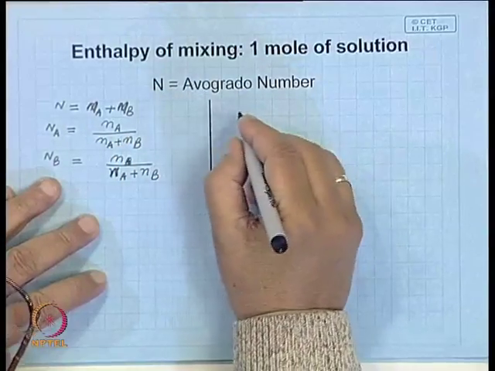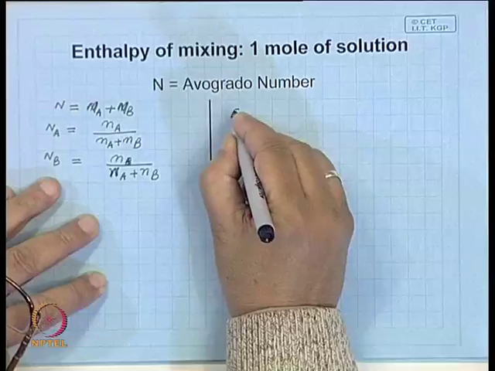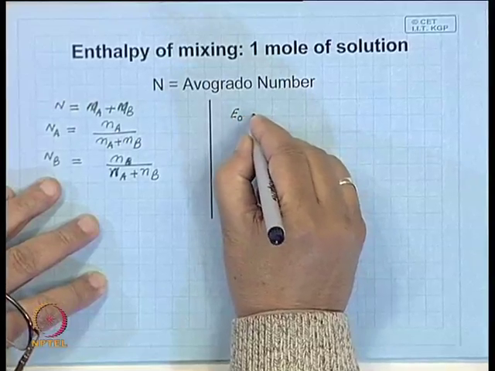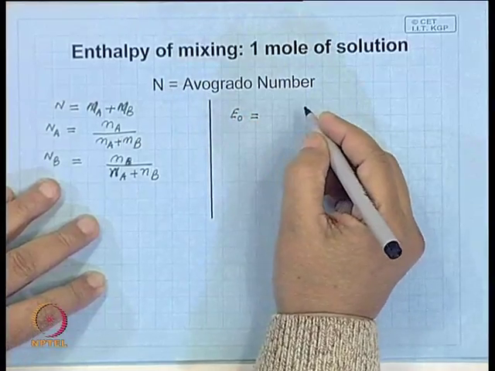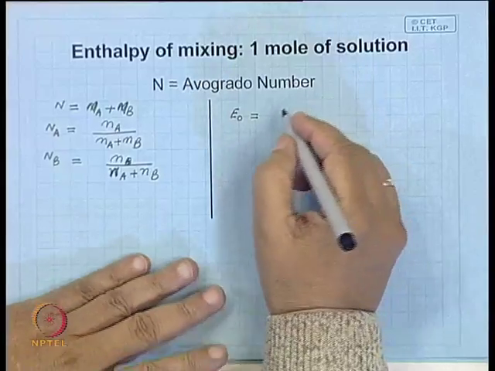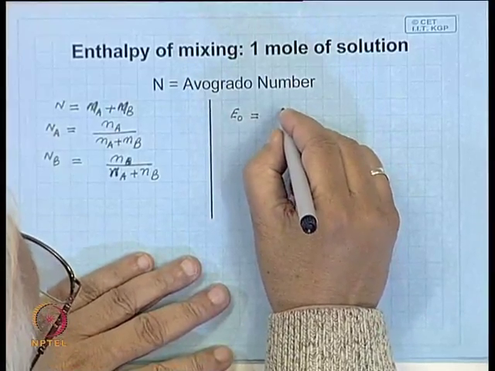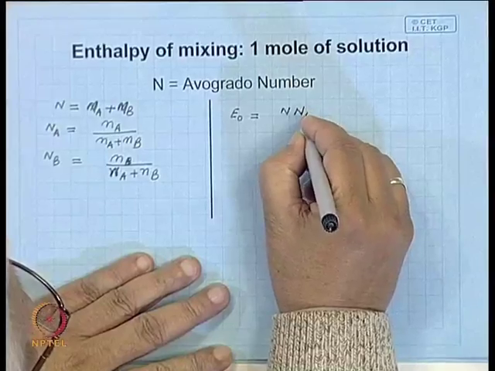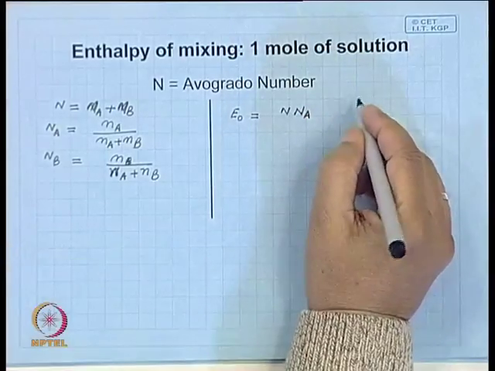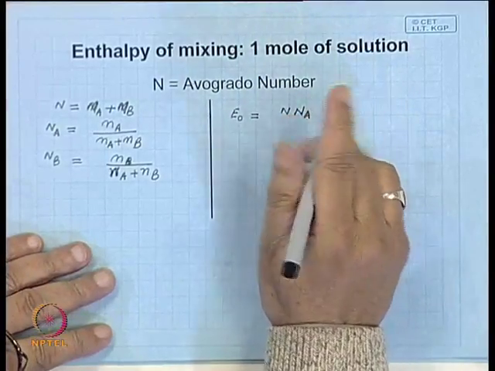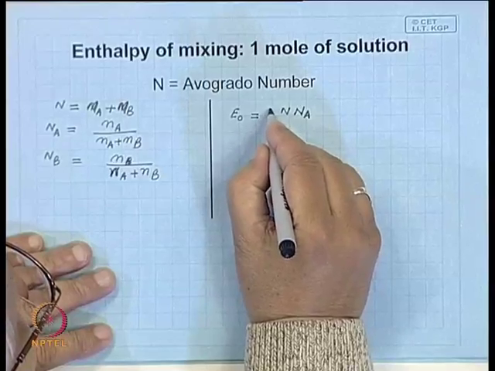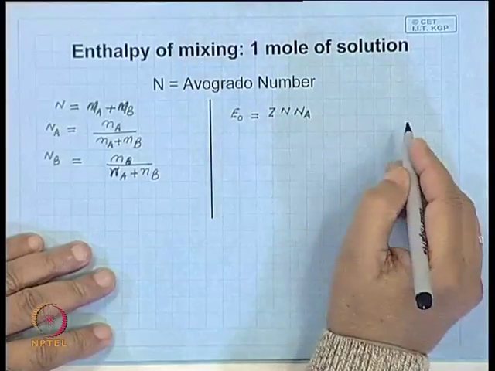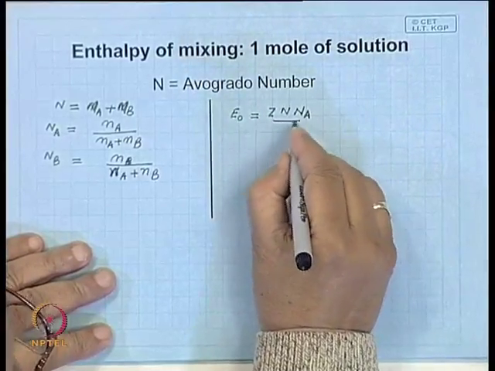When they are not mixed, before mixing there will be a total bond energy, which you can find out. If there is an Avogadro number of atoms, out of this you multiply the number of A atoms by the coordination number, divided by 2.